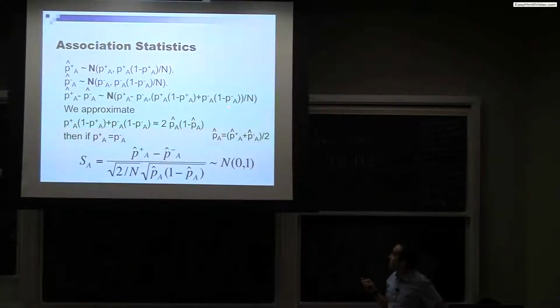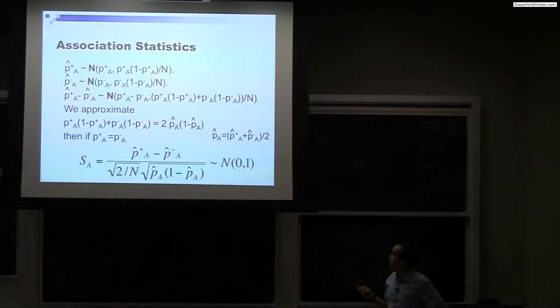So now, if I want to turn this into a standard normal statistic, what do I want to do? I'm going to want to divide by the square root of the variance. Okay. But before that, I can approximate this number with this, where I'm saying that the overall frequency is going to be the average of the case and the control frequencies.